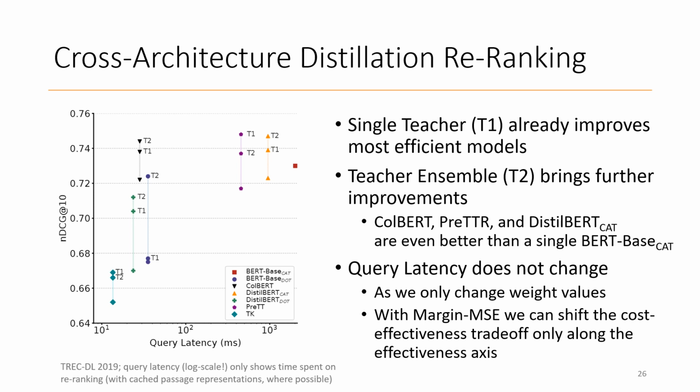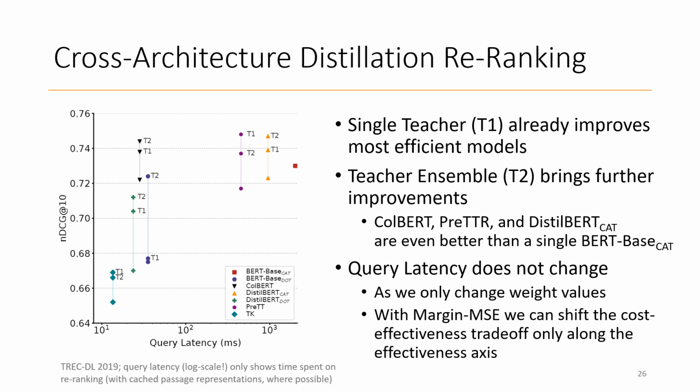And here on the left side, you can see a plot that compares the effectiveness on the y-axis, in this case NDCG at 10 on the track deep learning collection, with the query latency of models when they use passage caching. And here important to note that the query latency in milliseconds is a log scale.